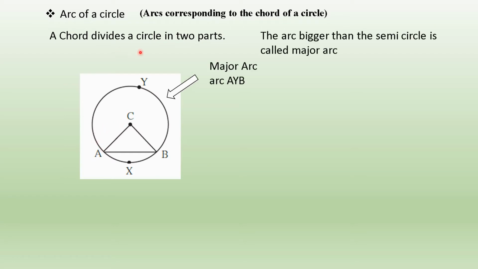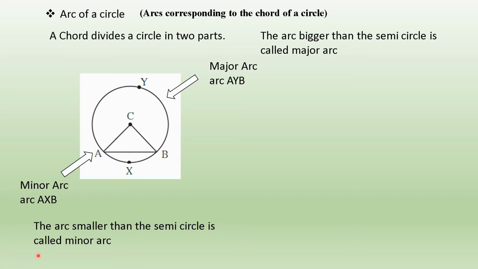Now, the bigger part is called a major arc. The definition of major arc: the arc bigger than a semicircle is called a major arc. In this case, AYB is the major arc.